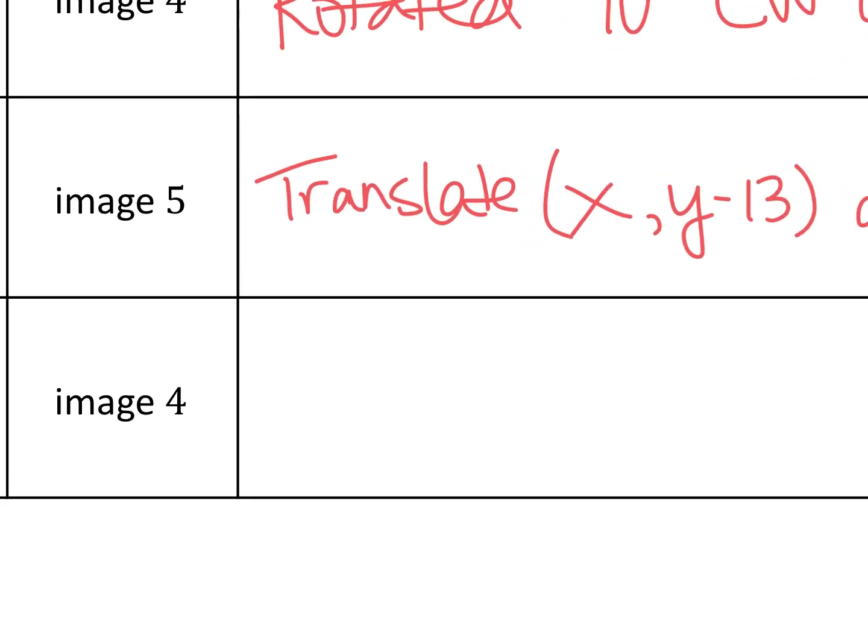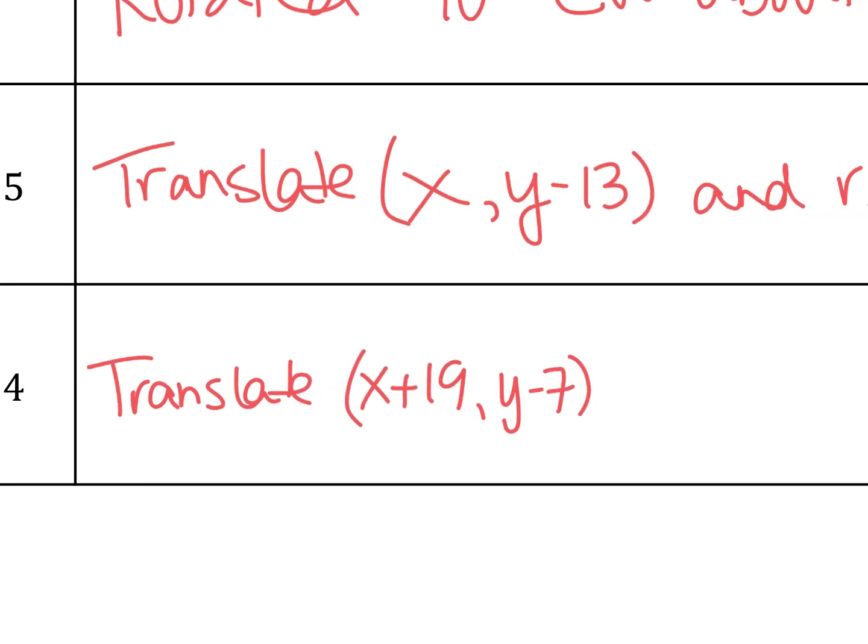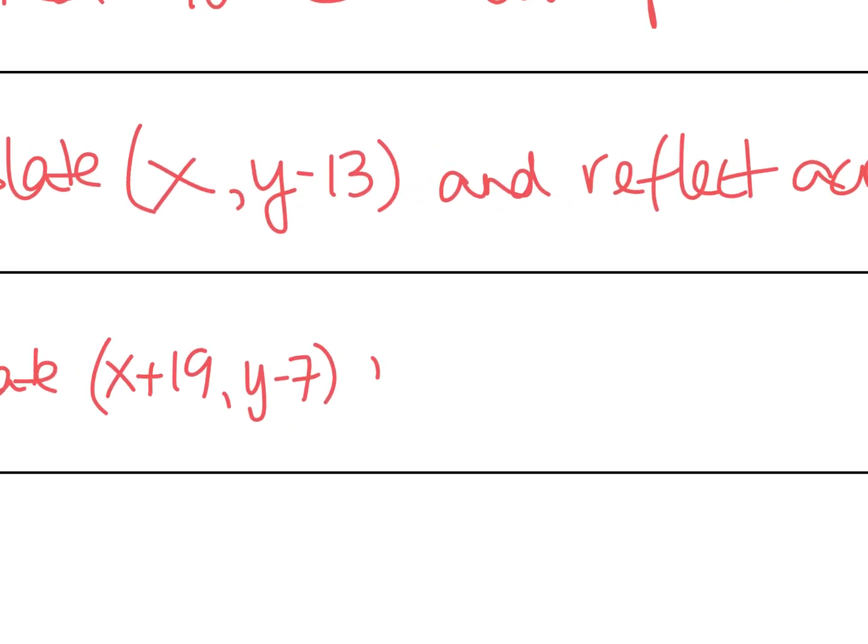So first what we did was we did a translation. So we're going to say translate 19 to the right, so x plus 19, comma, and then 7 down, y minus 7, and rotate.